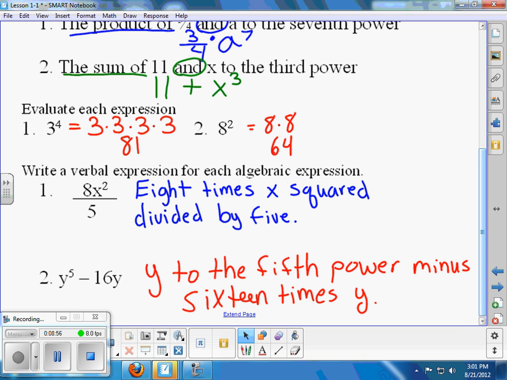The way people miss these is that they might say 16y, because it's typical for us to say that to each other when we're reading the problem to our friend. But we all know 16y means 16 times y. In writing a verbal expression, we have to indicate each operation, so leaving out the word times would make this problem wrong.